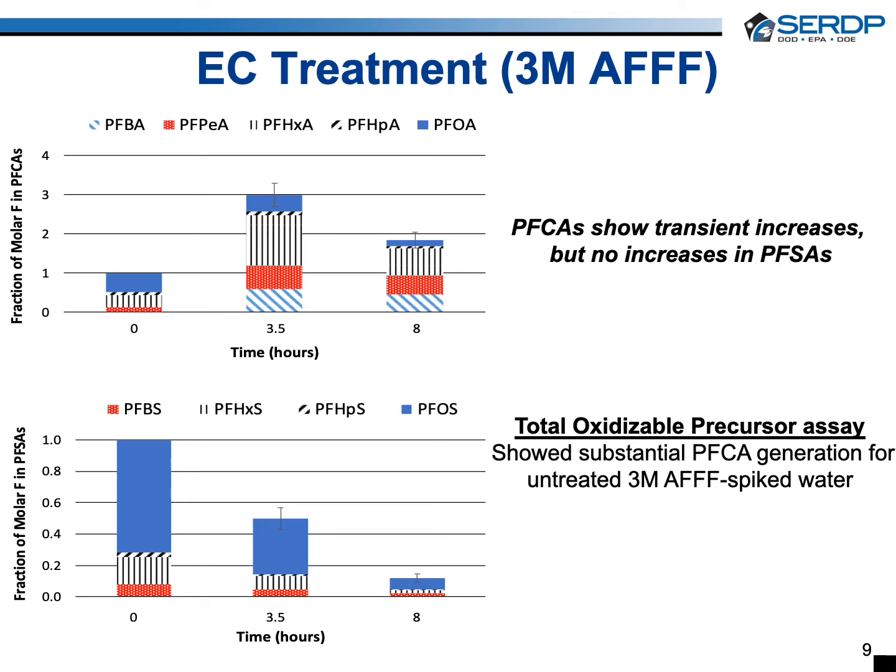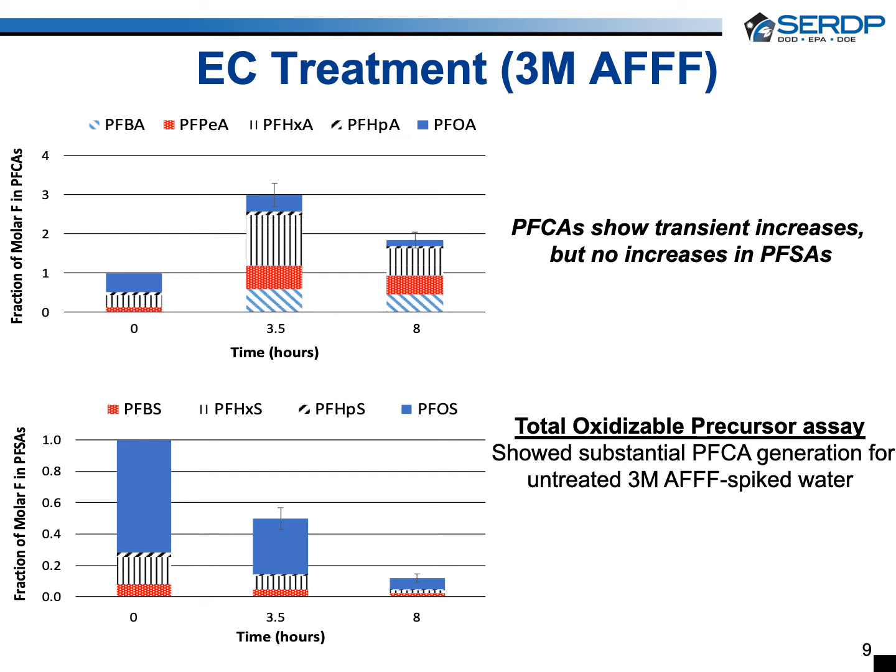So again, we're seeing these compounds start to decrease. Why we think we see this intermediate increase is because of all those polyfluorinated compounds that you saw for the 3M-AFFF. Now again, it wasn't as much as the Ellsworth water, but certainly we know these compounds were there. They went away, and we saw these transient oxidation intermediates on the previous slide. So we think that this transient formation is due to oxidation of precursors.